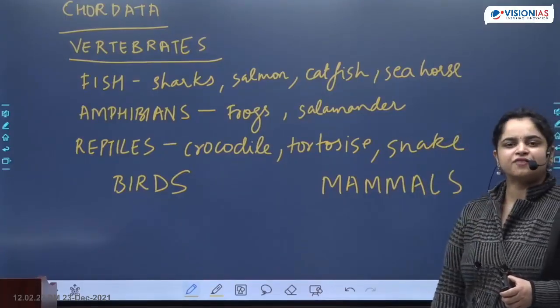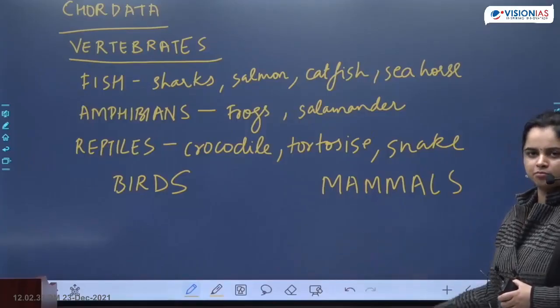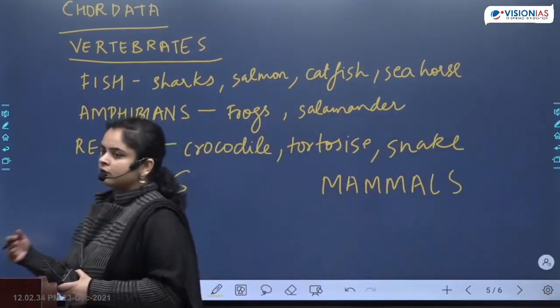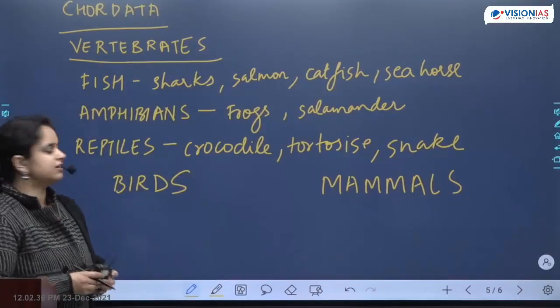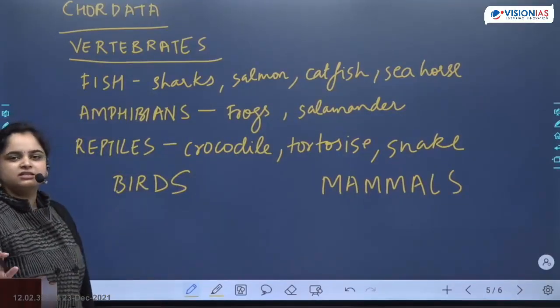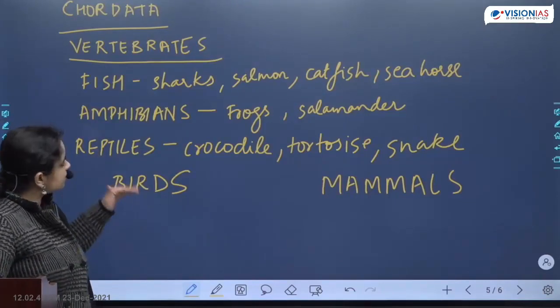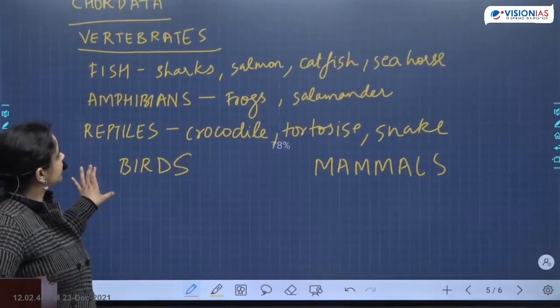The stage of evolution is the same. From reptiles, if we go into the level of advancement, birds and mammals are considered to be at the same stage. Okay, so after reptiles, birds and mammals, we categorize them together.